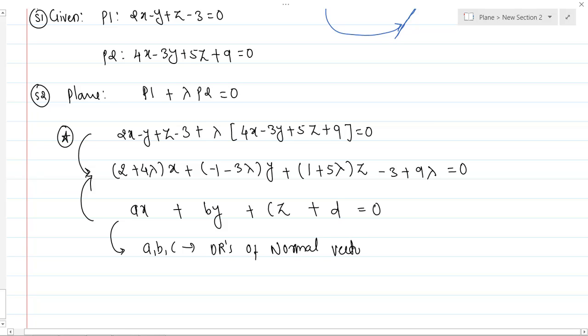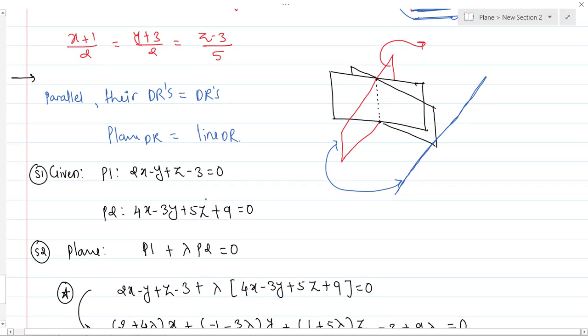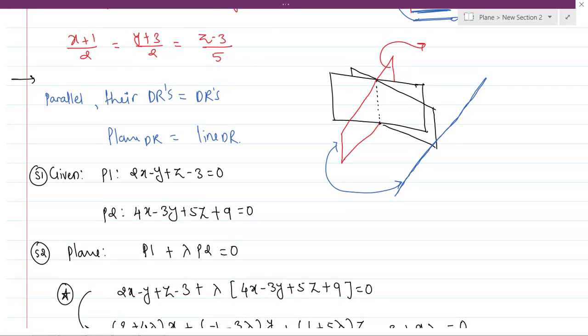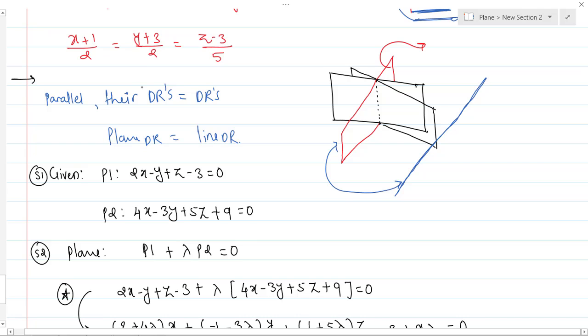Please remember that these ABC values are not the direction ratio of the plane, they are the direction ratios of the normal to the plane. What does that mean? Of which vector are these direction ratios? Let me draw. Suppose this is the red plane. So this will be the normal vector.